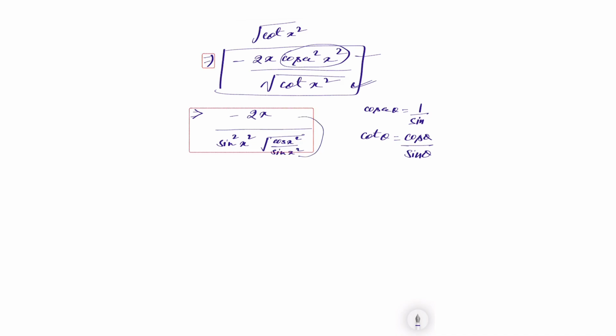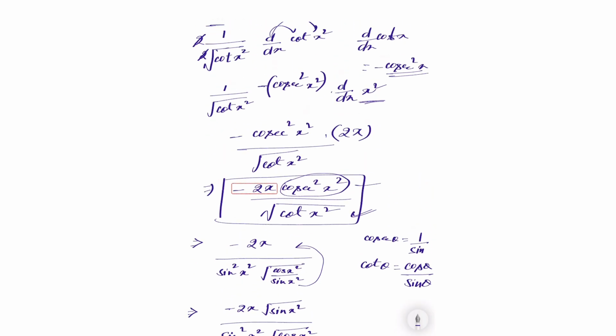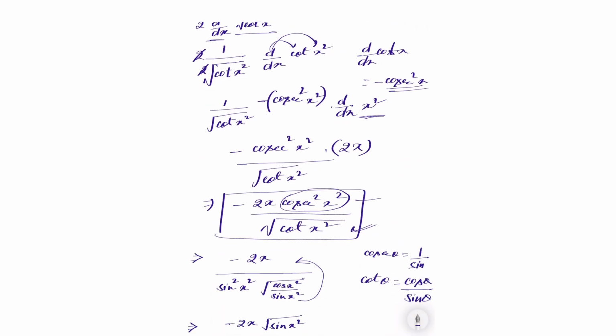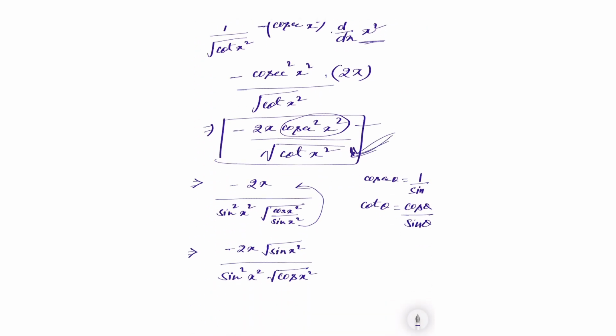Now sin will be sent upside, then the next step will be minus 2x under root sin x square divided by sin square x square under root cos x square. Now transformation is here. To get the answer of NCERT, or otherwise if in the question it is given that prove this as this, then only apply transformation. Otherwise you leave it. Answer here also correct only.